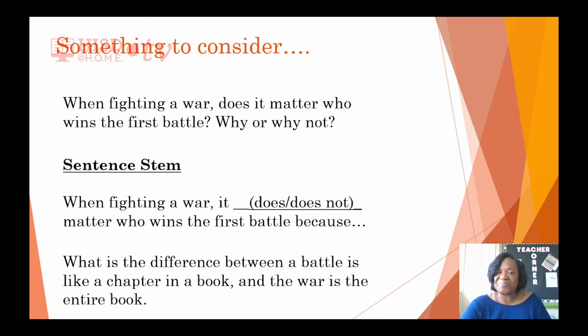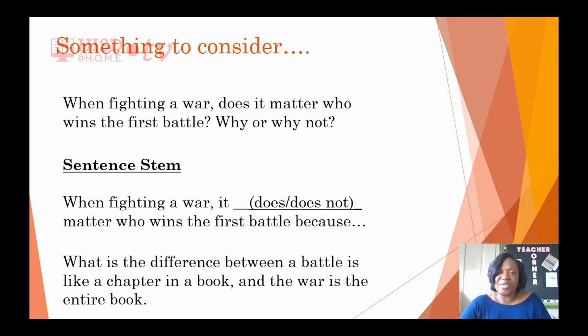So, as we are talking about winning wars and battles, you're probably wondering, well, what's the difference between a war and a battle? Have you thought that? What's the difference between the two? Well, a war, you can look at it, is more like a novel.